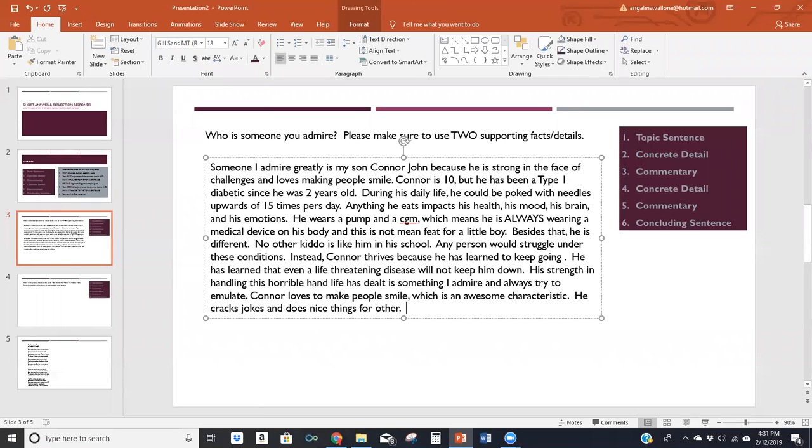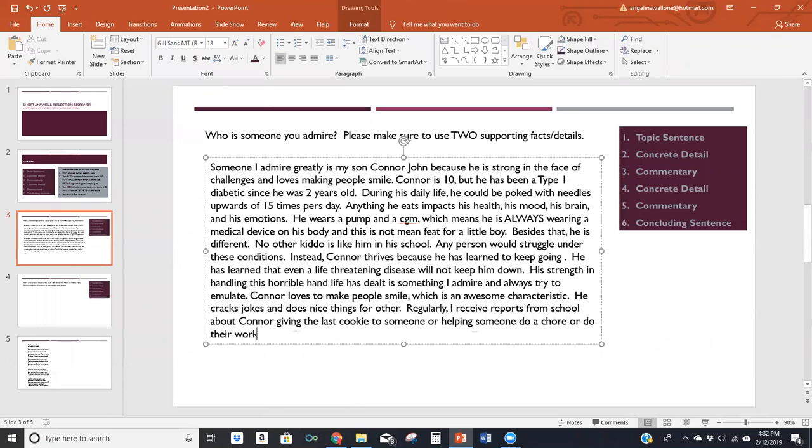I could give you the example of some of his jokes, but okay, here's an example of doing nice things for others. Regularly, I receive reports from school about Connor giving the last cookie to someone, or helping someone do a chore or do their work.